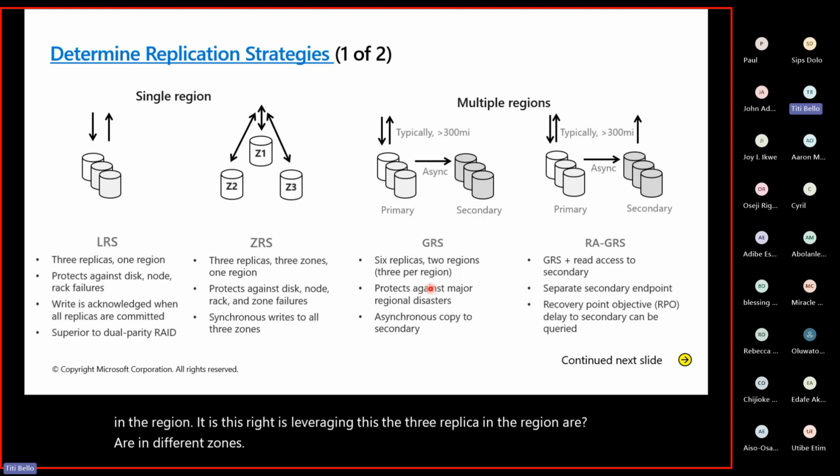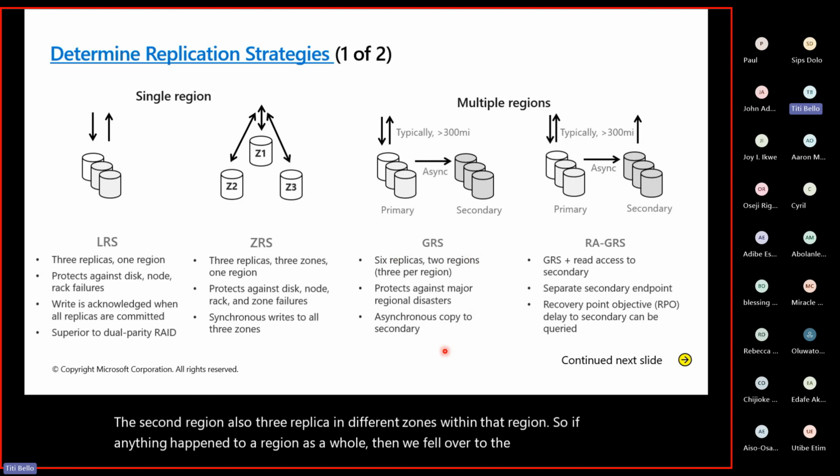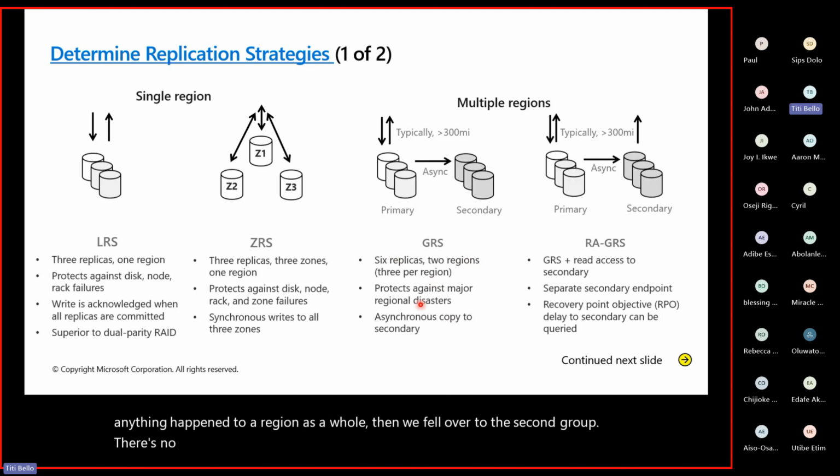So if anything happened to a region as a whole, you fail over to the second region. There's no way a disaster will happen in 2 regions at the same time because they are really far apart.